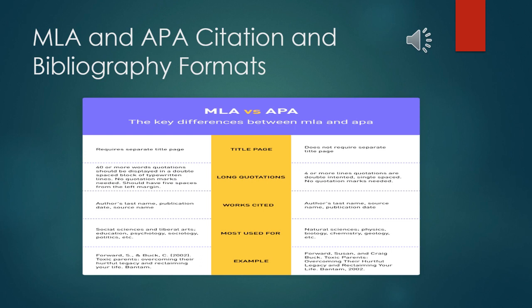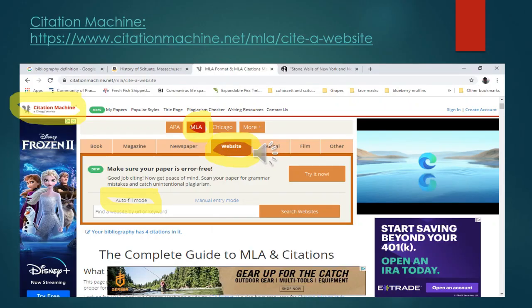MLA is basically for the arts, humanities, and education. And the APA format is for the sciences. So we're going to be using the MLA style. I'm going to take a quick read about that on the picture on this slide.